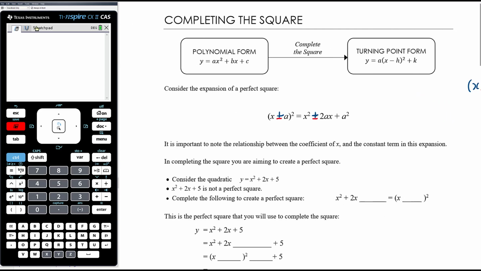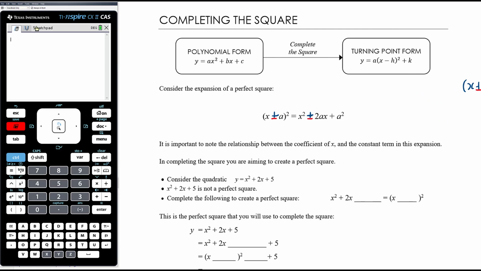Okay, so those are the key patterns we want to look at. The first thing is, if I look at this coefficient of x and this constant term at the end, to get from the coefficient of x to the constant term, I'm going to need to halve it.